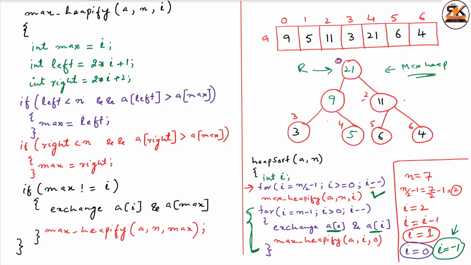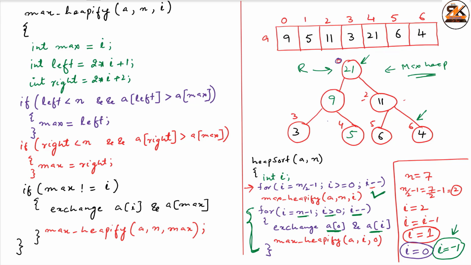Okay, and also we have to reduce the size of our heap by 1. So here I minus minus is reducing the size of our heap in every iteration, and we are starting from the last element, that is n minus 1, which is our sixth index. Okay, and it will go up to the 0th index, that is this one in our tree.